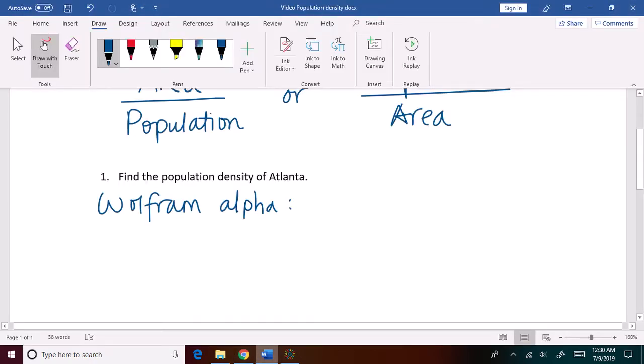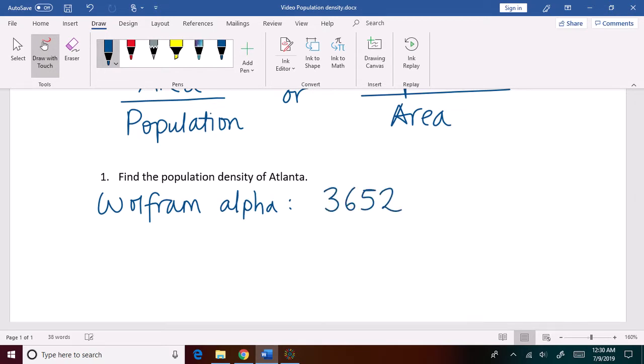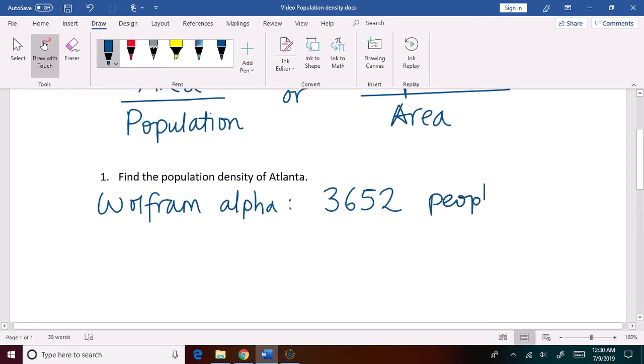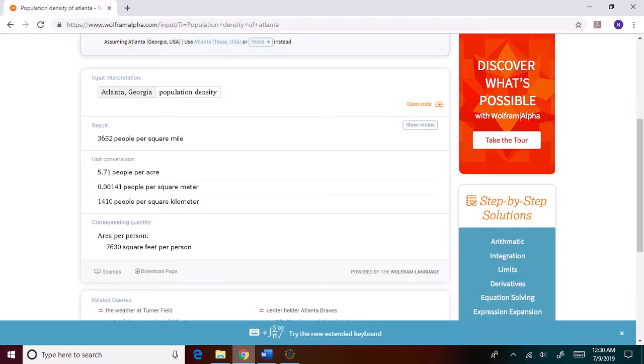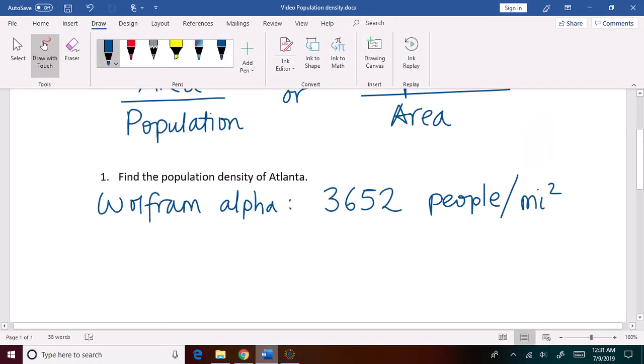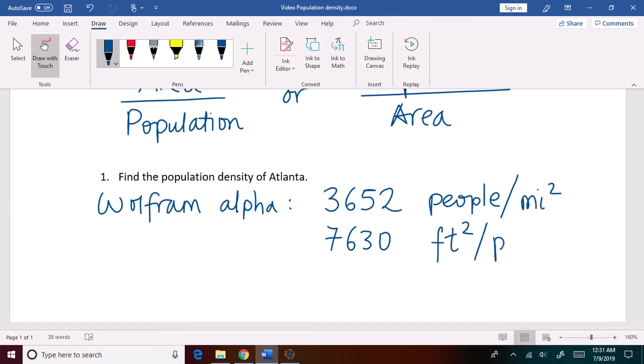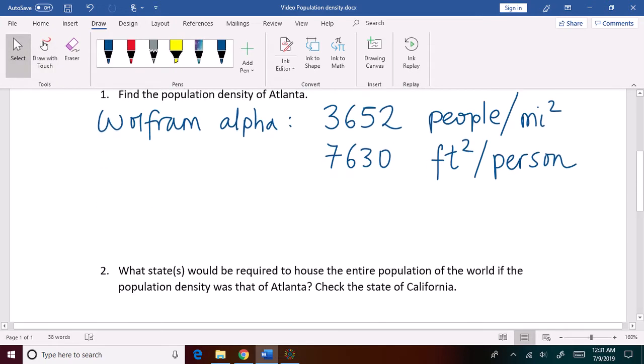So it's 3,652 people over square miles, or it is 7,630 square feet per person. So we're going to be using the second one in our examples, but this is just one way to do it, by using Wolfram Alpha.